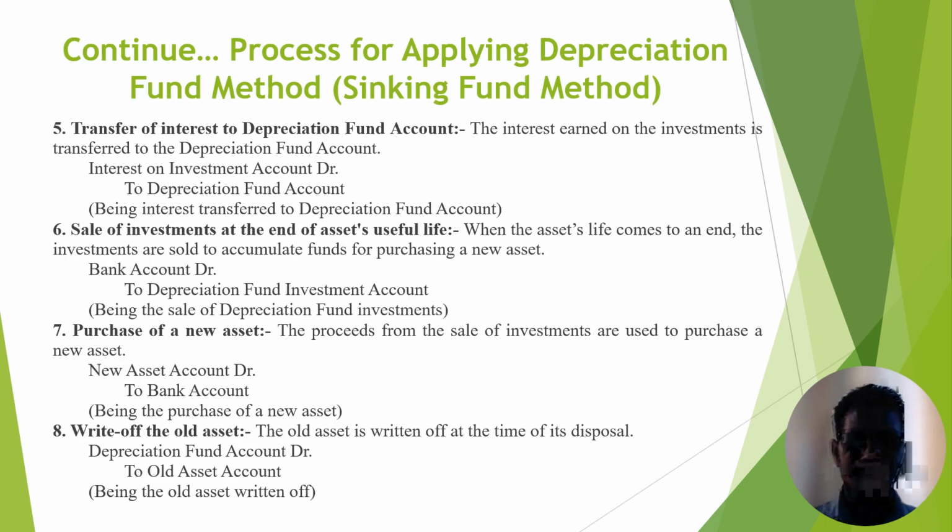Then after these 4 journal entries, this interest amount we have to transfer to the depreciation fund account. For this, we prepare the journal entry: interest on investment account debit to depreciation fund account. These first 5 journal entries we have to prepare every year up to the useful life of the asset.